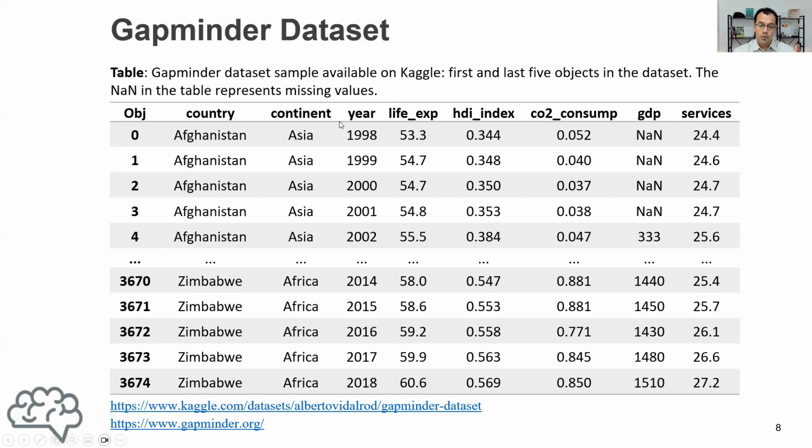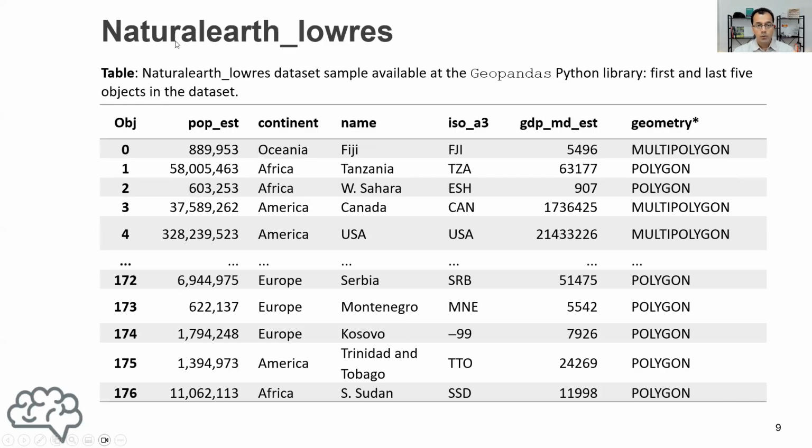One important feature of this data set is that it spans over many years, and this allows us to make analysis of what we call time series analysis, which are analysis over time. So that's an important feature of this data set. And this data set was downloaded from Kaggle. Here is the link from Kaggle, but we can also find the data set and information about it in a website called gapminder.org.